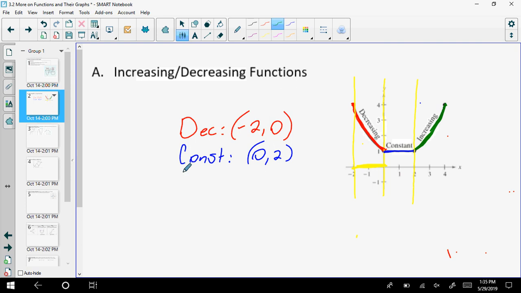And then if I want to talk about where the function was increasing, if I draw in another bar, I don't know if these yellow bars will help you, but sometimes it helps students to visualize that from here to here, my graph was going up. And it's a reminder that we're using the x's. So from 2 to 4, my graph was increasing. So we're just looking at it visually and then putting it into terms of intervals.